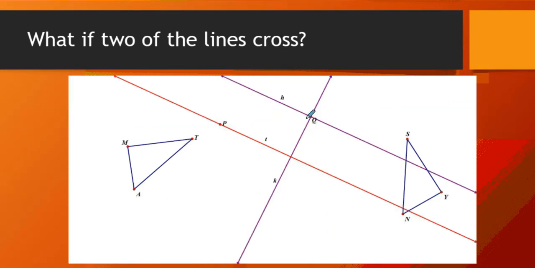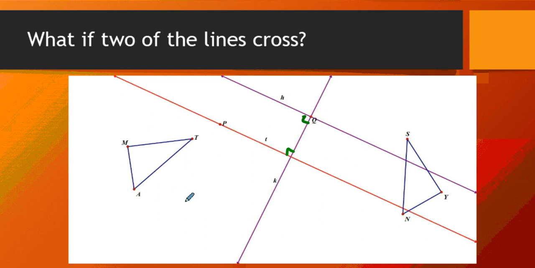So we can swap out these two lines for S and L. And now we have three lines of reflection that do the same things that the other three lines did, except looky there. It's a reflection and a translation.